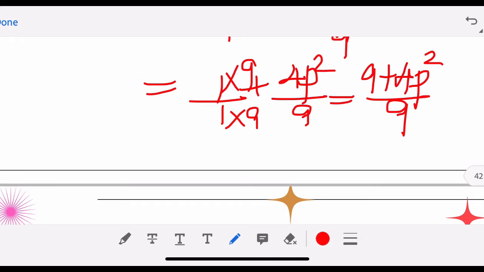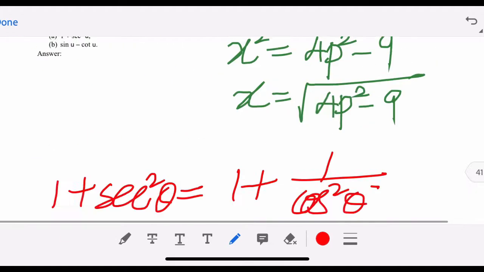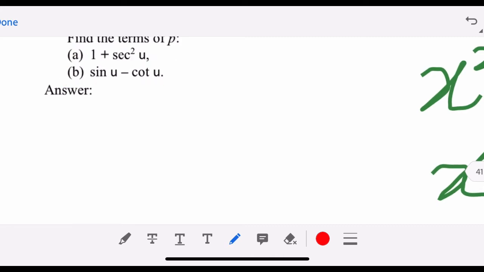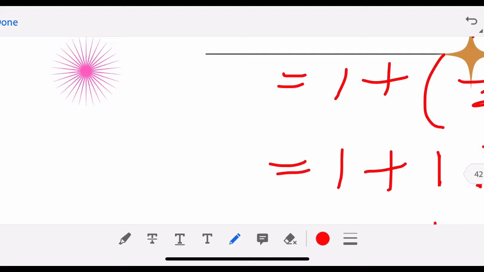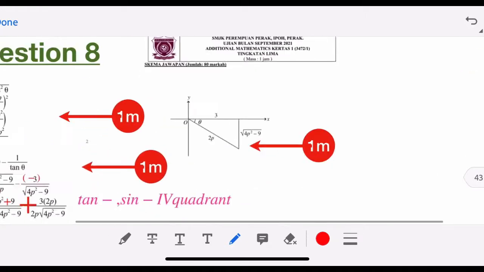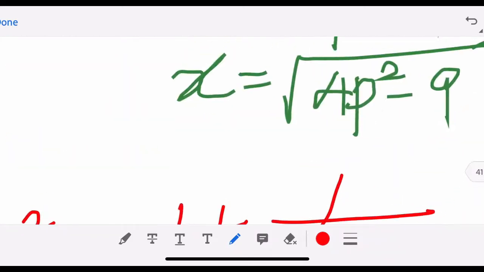It's simple. Then I want to discuss part B, which is sine u plus cotangent u. How to do this question? I'm going to show you. Let me draw out the triangle first and explain.